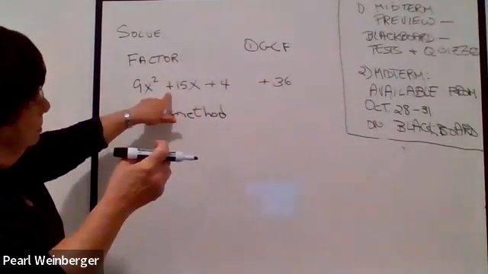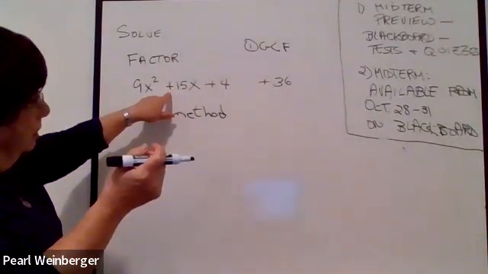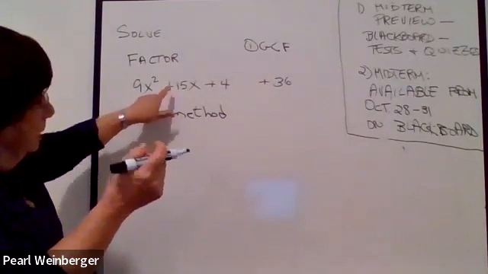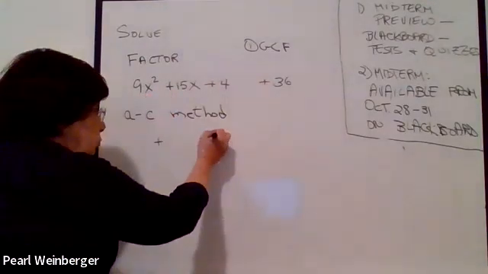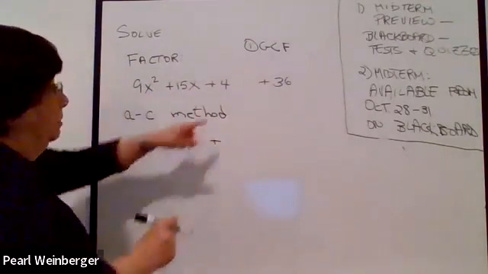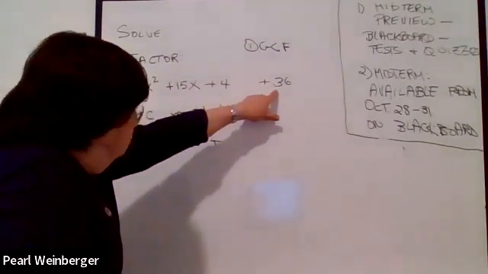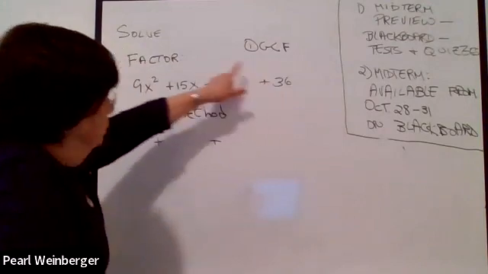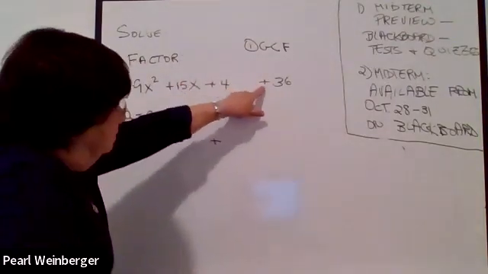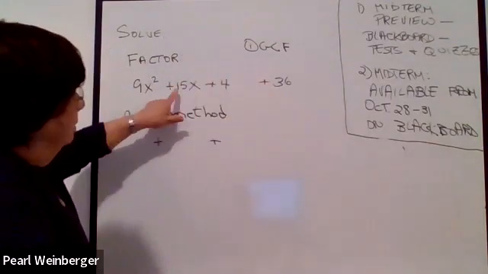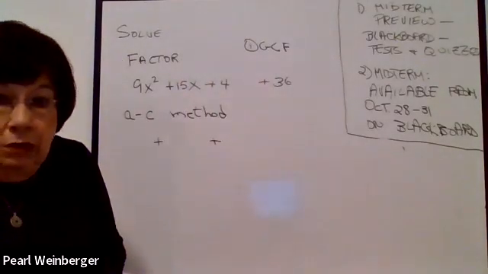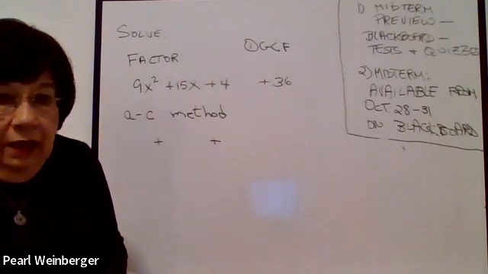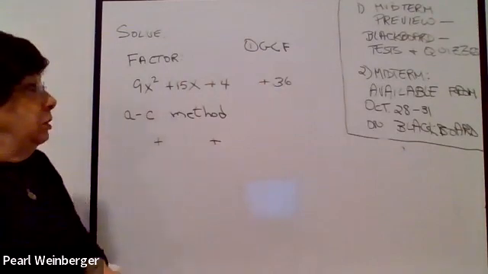So I look at this middle term, since it is positive, it must be that we're looking for 2 positive numbers that are going to multiply to 36. But this is positive, so they have to add to 15. Can we think of 2 numbers that multiply to 36 and add to 15?